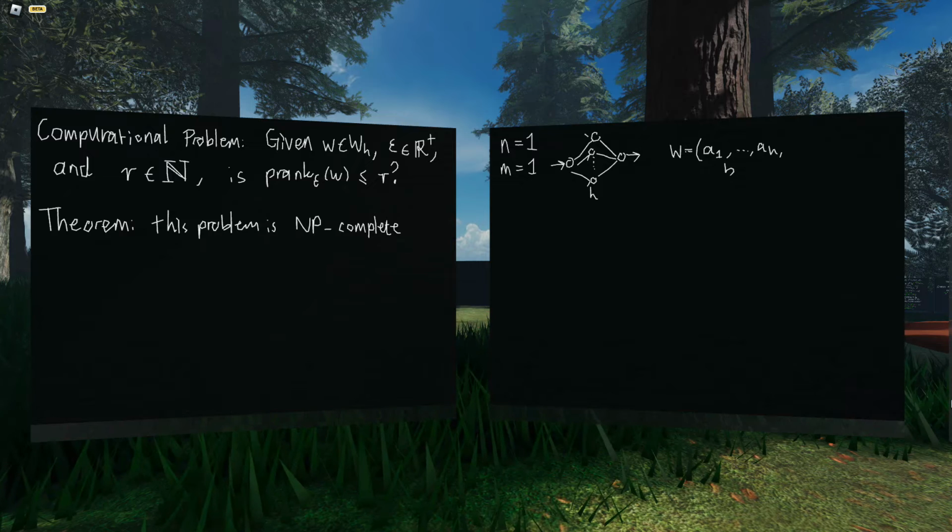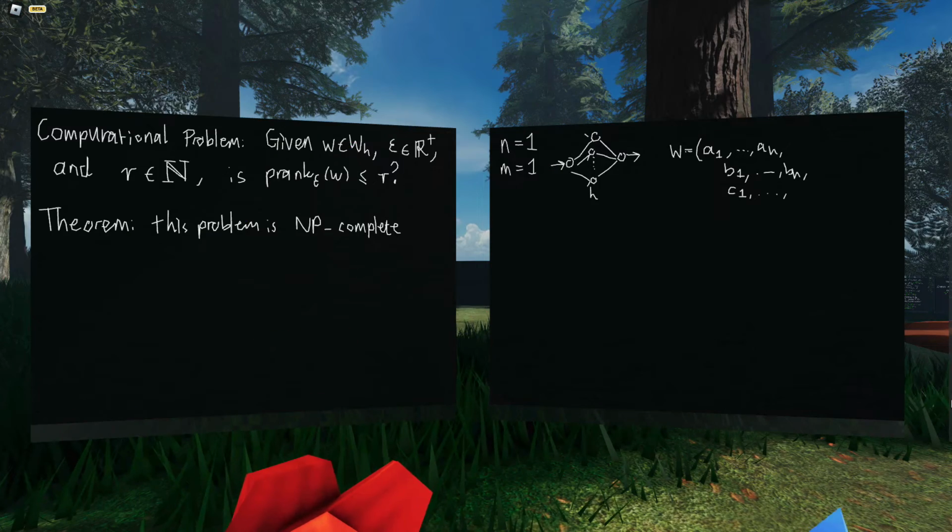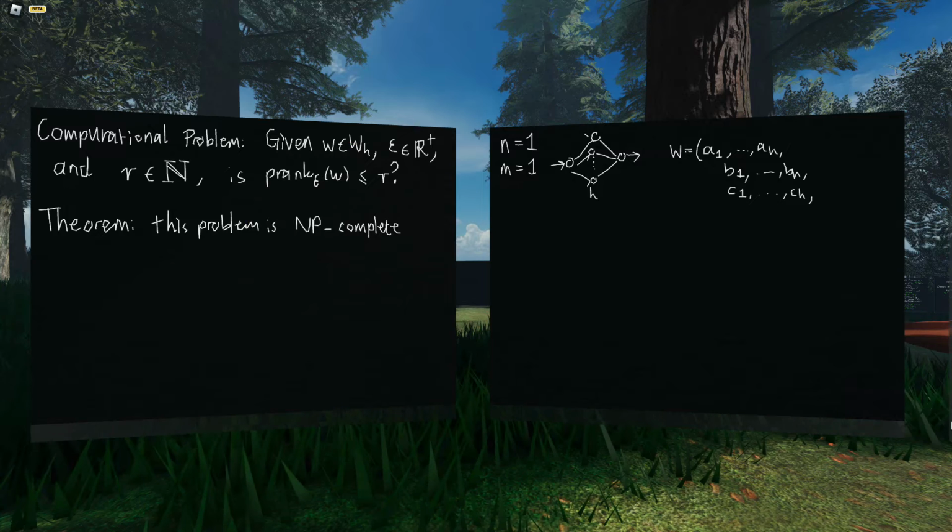B1 to BH. Before BI and AI might have been vectors, but now they're definitely scalars, because there's only one input unit, so there's only one input weight, and there's only one output unit, so there's only one output weight for each hidden unit. The bias was always a scalar.